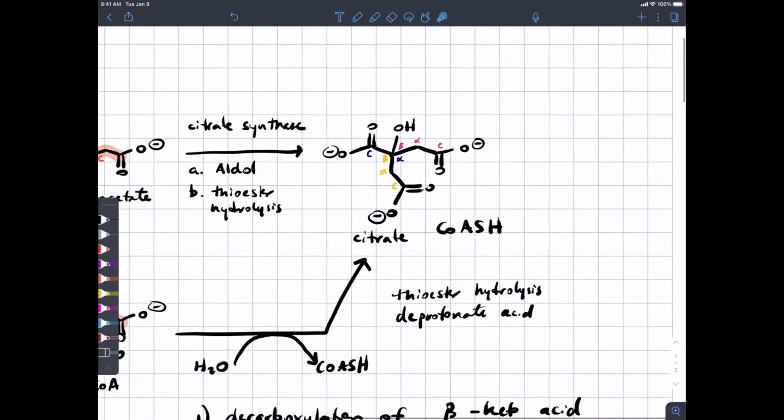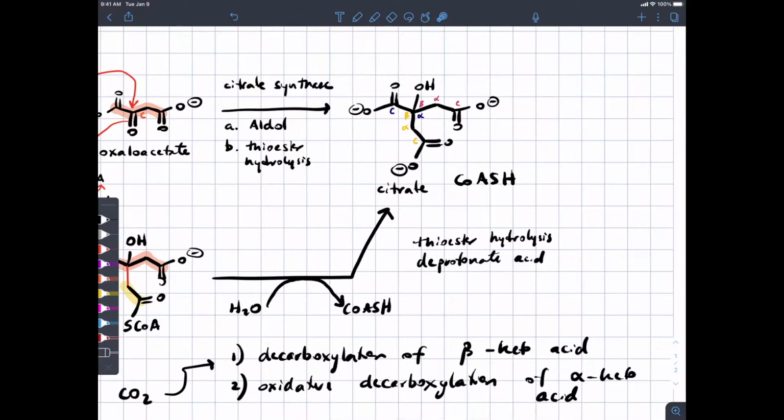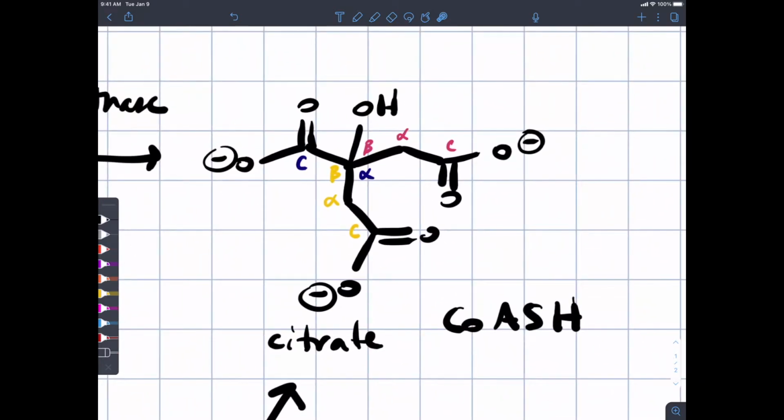Now, as you look at our methods, we want either a beta keto acid or an alpha keto acid. And the problem is that citrate has a tertiary alcohol.